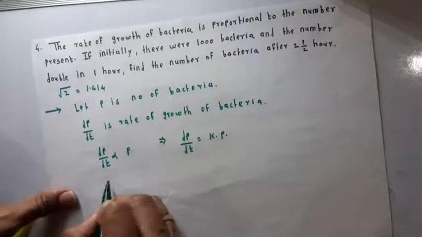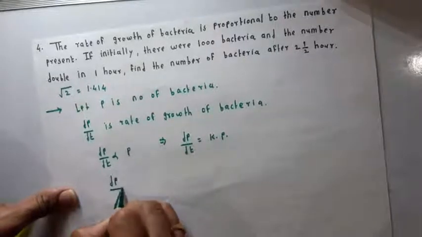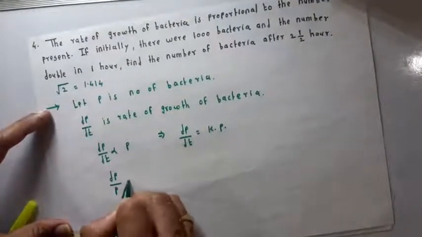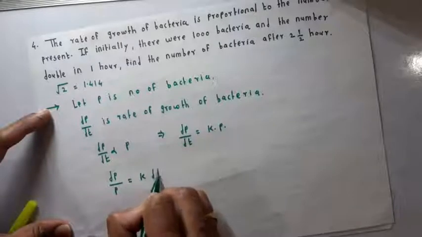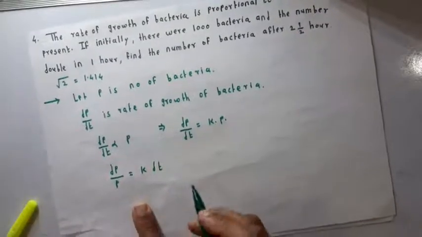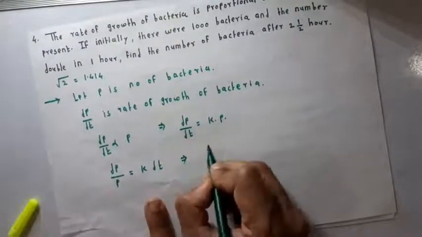Okay, so by shifting the variables we will get dP upon P equal to K into dt. This is the variable separable form. Now let us integrate it.